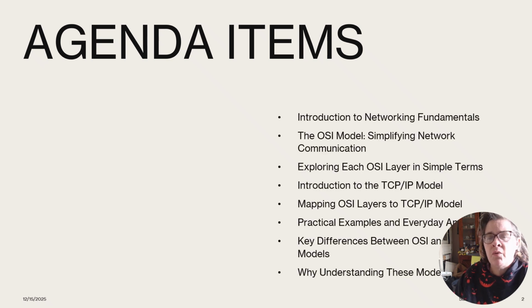We will cover networking fundamentals, dive into the OSI model and its 7 layers, explore the TCP/IP model and its 4 layers, compare both models, provide practical examples, discuss key differences, and explain why understanding these models is essential.